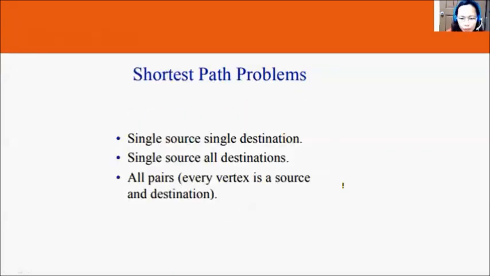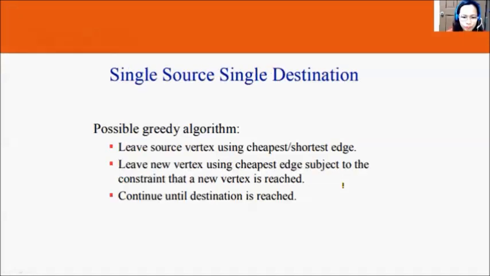So shortest path problems: single source, single destination; single source, all destinations; and all pairs, where every vertex is a source and destination. So for single source, single destination, a possible greedy algorithm is: leave the source vertex using the cheapest or shortest edge.